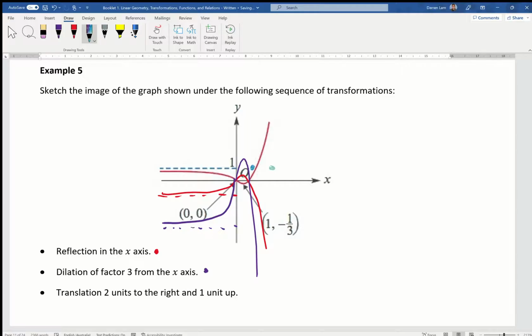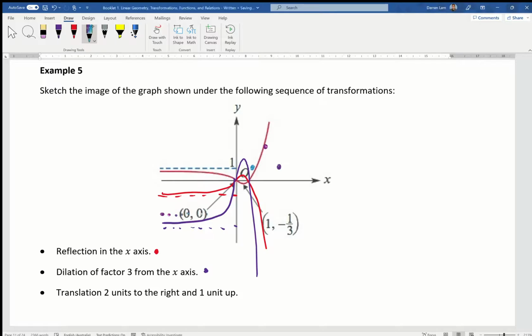And I'm going to say the turning point should be about here. Oh, let's move it across a bit, sorry. Let's say about there. It's all approximate. There's no specific values anyway, so we're fine. Okay, now with that, does our asymptote change? Yes. Why? Because you're moving the graph. Good, we're moving the whole graph up, which means you have to move the asymptote up as well.